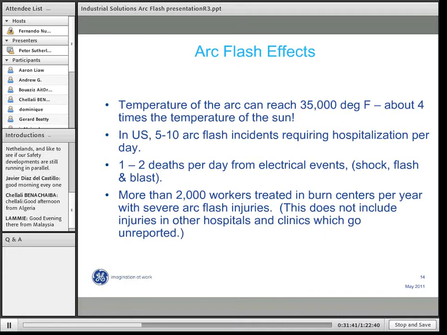And in my particular company, I know an engineer who was hospitalized for an arc flash incident. He was drilling a hole in a panel in 480 volt switchgear, and there was a cable on the other side of the panel which was not de-energized.